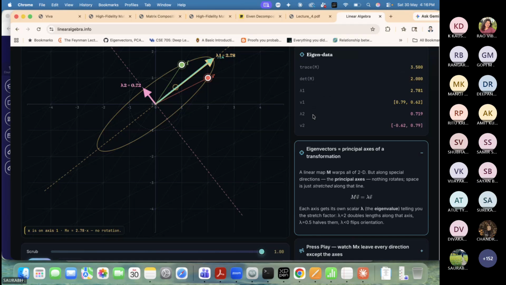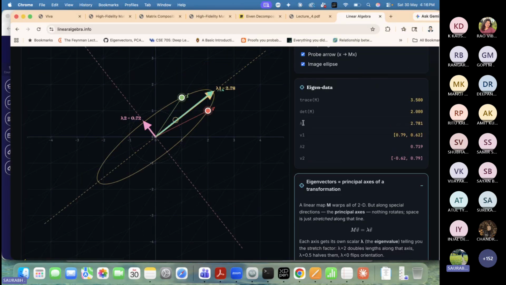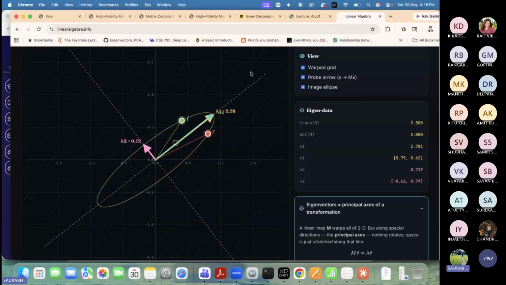So the value of eigen means the area of eigenspace is changing, right? Think of what is eigenspace. Eigenspace is the space where eigenvectors reside. Right now, one space where eigenvectors reside is this yellow line. The second space is this pink line. So both of them are eigenspaces for our matrix.